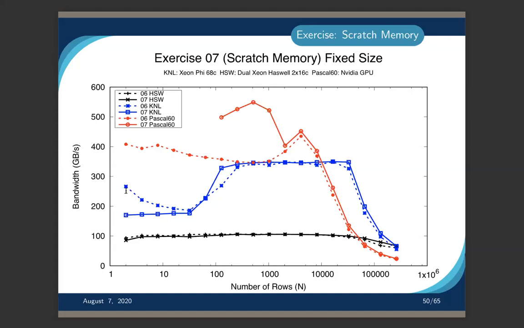The reason is that you don't have any reuse. The number of rows is really small here, and that means your reuse of your X vector is really small. So essentially you're copying something from global memory into another array, and then you read it from that array once or twice. And that extra read-write essentially just costs you performance.